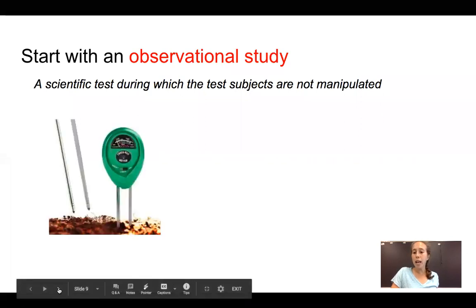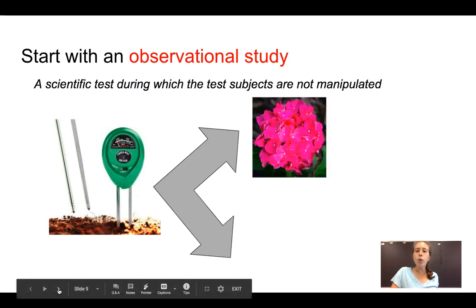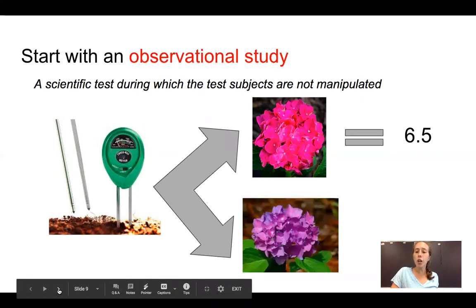I buy a pH meter from Home Depot, and I walk into my backyard where I planted my hydrangea plants, and I am going to measure the pH underneath the pink hydrangeas. And I find that that pH is 6.5. And then I'm going to measure the pH under the purple hydrangeas, and I find that that pH is 7.5.